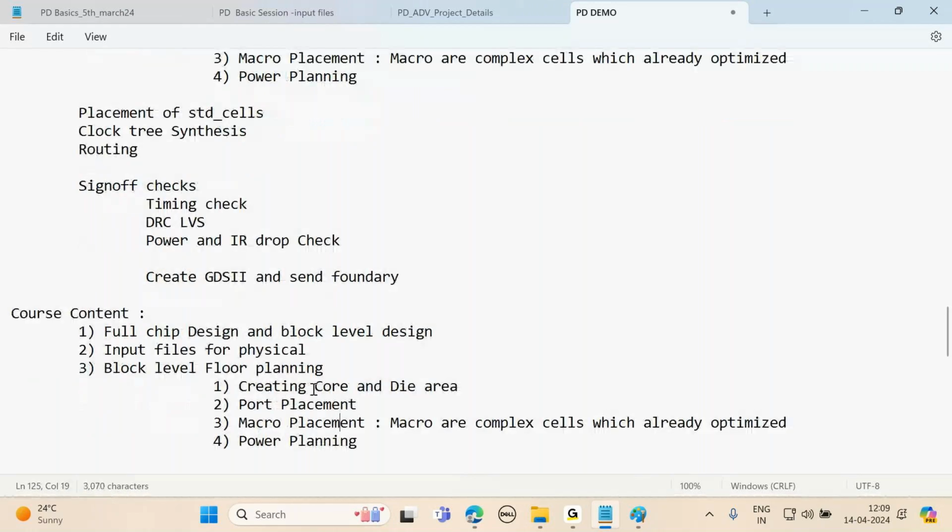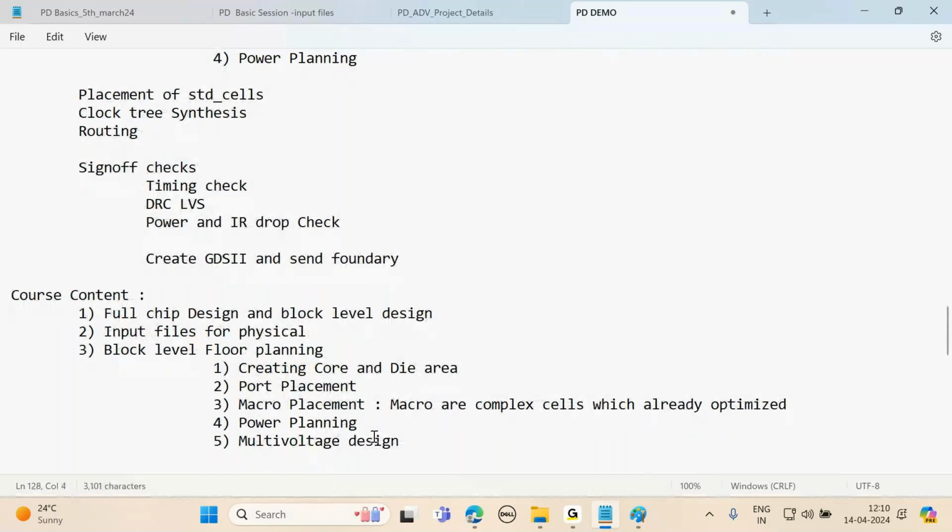In this block level floor planning, we will also discuss a few other aspects: multi-voltage design and power reduction techniques.